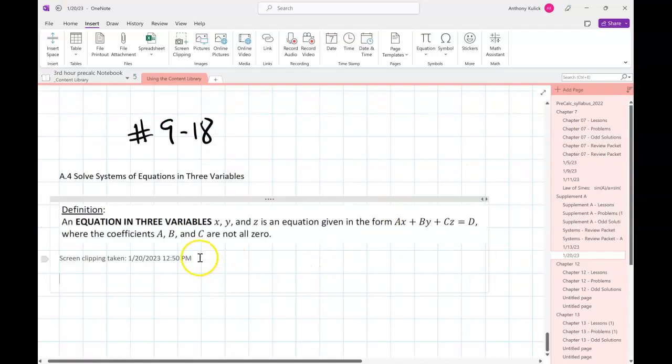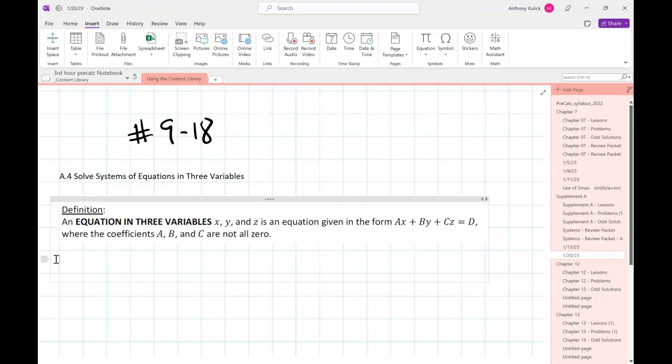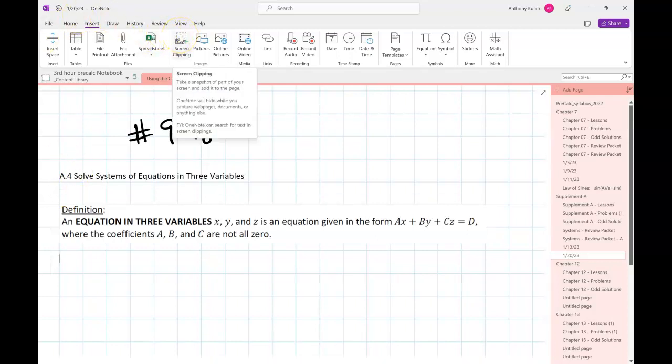Well, you're just talking about some kind of equation that can be written in the form ax plus by plus cz is equal to d, where a, b, and c are not all 0 at the same time. So what does it mean to be a solution for a system of equations in 3 variables? What's that solution going to look like?